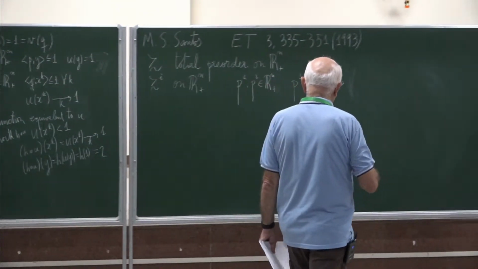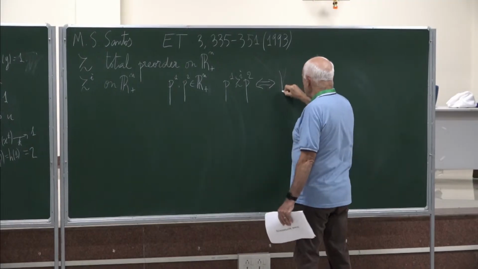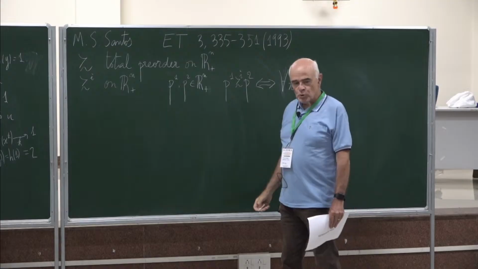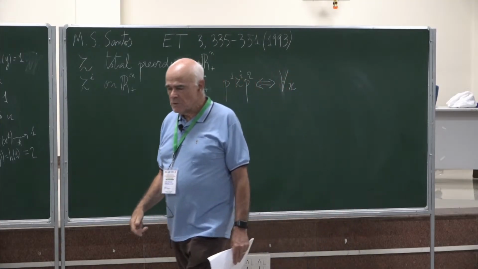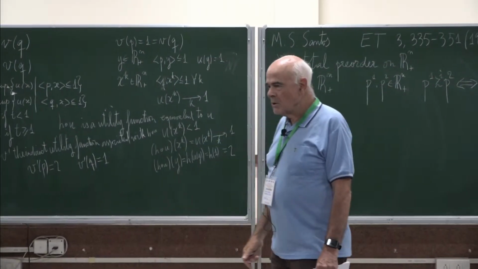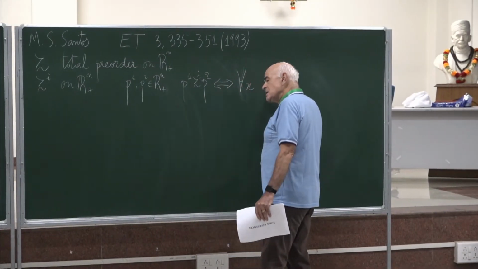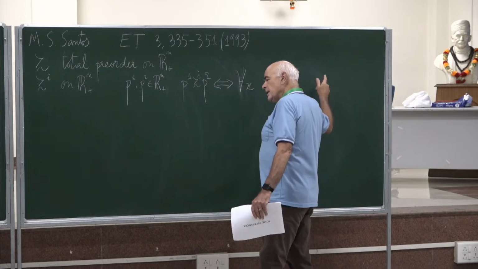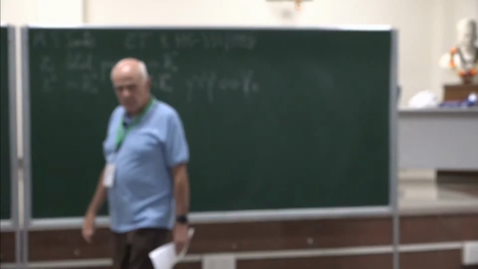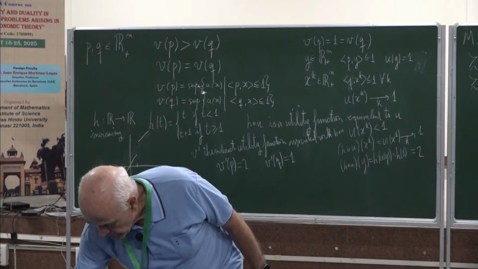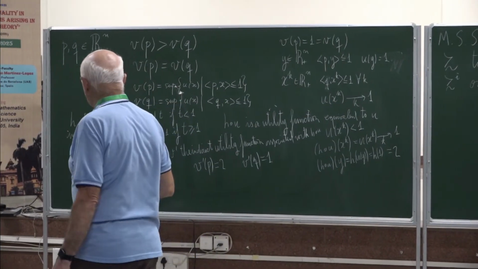So if for every x which is compatible under P2, I want to introduce some notation because I don't want to write all the time for every x such that P2x is less than or equal to 1. So in order to avoid writing too much, I'm going to use the following notation.